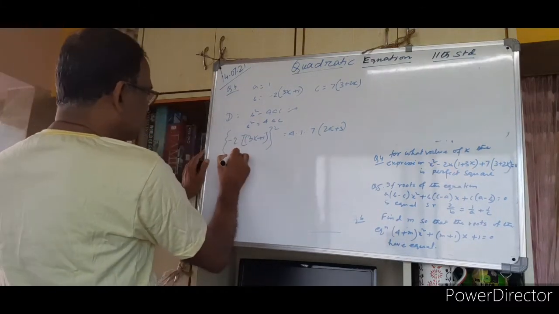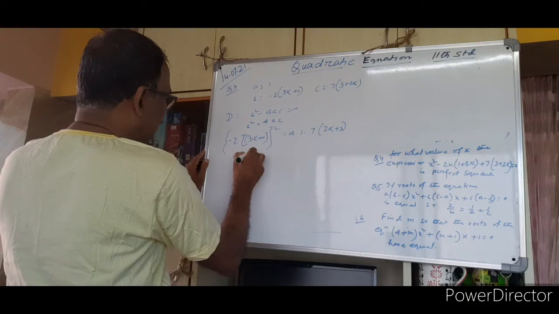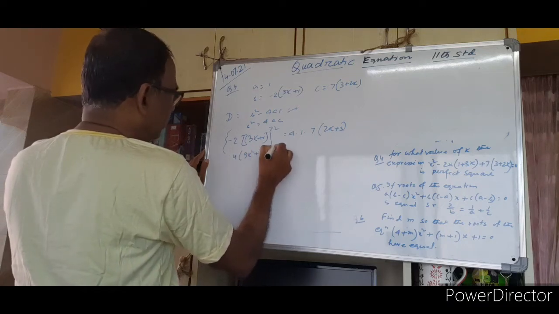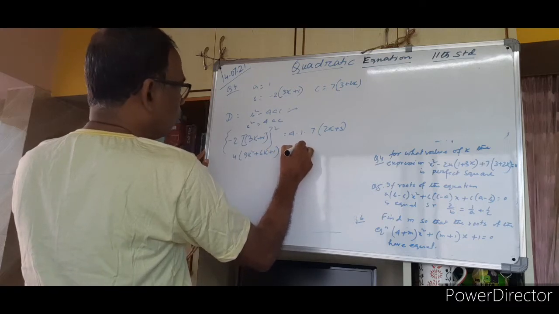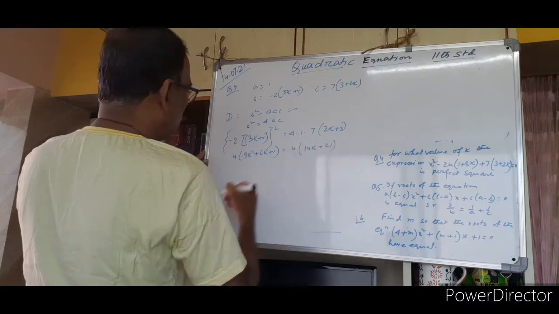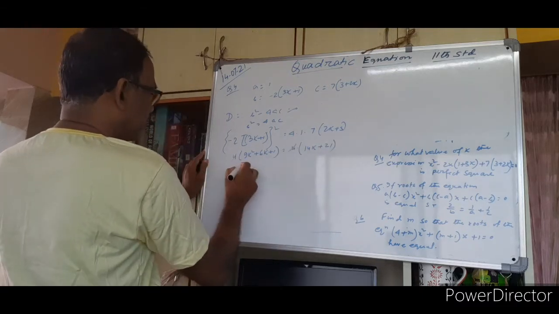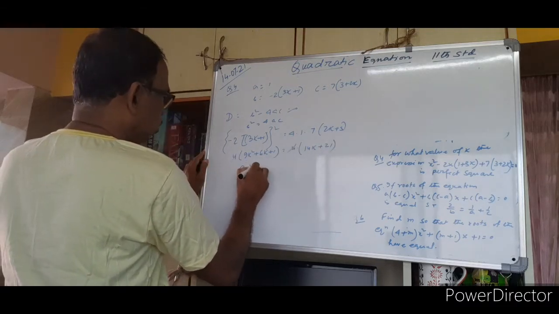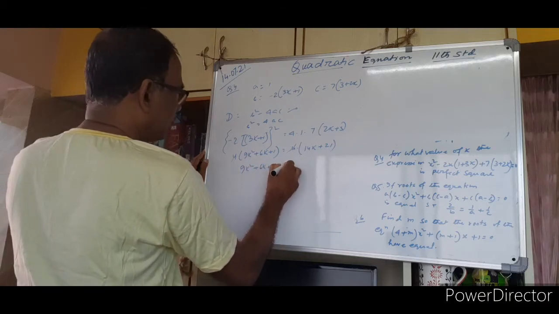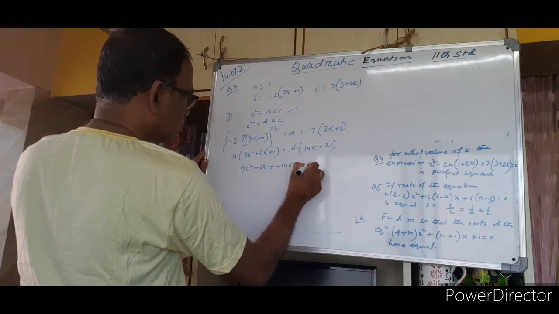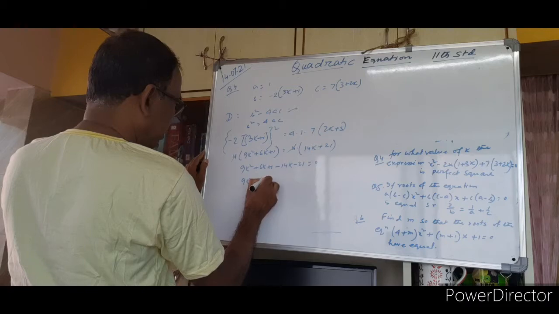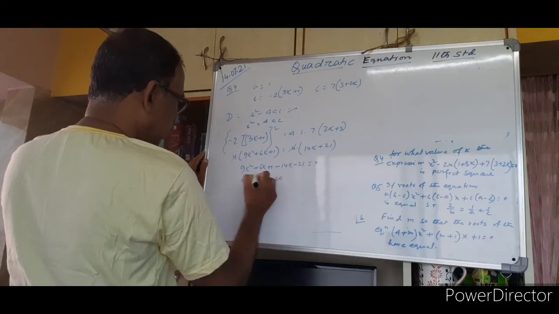Now breaking this, that is 4 times 9k square plus 6k plus 1 equals 4 times 14k plus 21. This 4 cancels. That is 9k square plus 6k plus 1 minus 14k minus 21 equals 0. That is 9k square minus 8k minus 20.